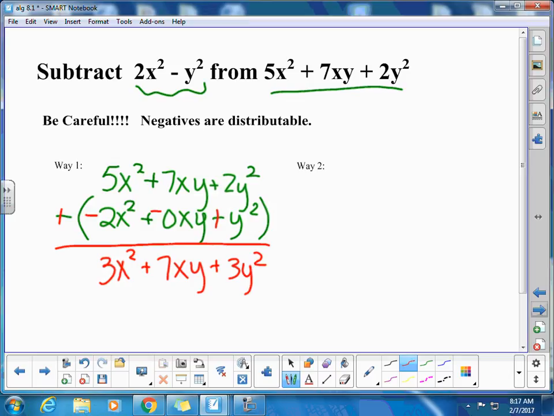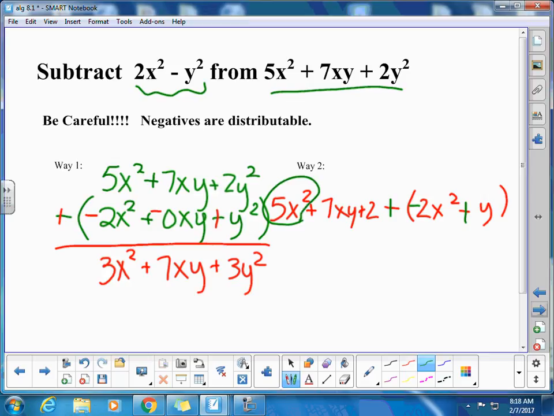And the second way, I would have 5x squared plus 7xy plus 2. I'm going to see if I can move the whole thing down and move it over. And from that, I want to subtract 2x squared minus y squared. So again, subtraction is the same as adding the opposite. Now I'm going to circle my similar terms.